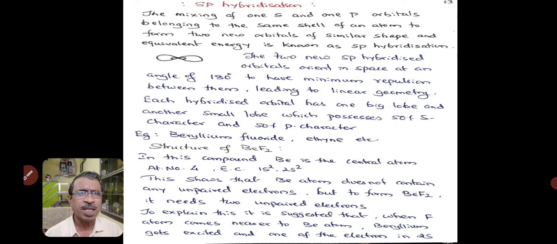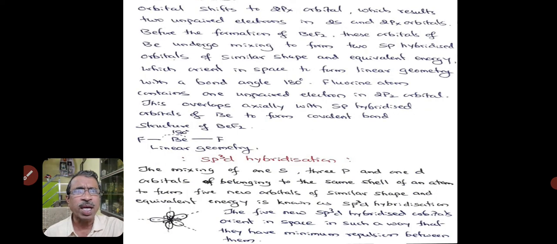To explain this, it is suggested that when a fluorine atom comes nearer to the beryllium atom, beryllium gets excited and one of the electrons in the 2s orbital shifts to the 2px orbital, which results in two unpaired electrons in the 2s and 2px orbitals.